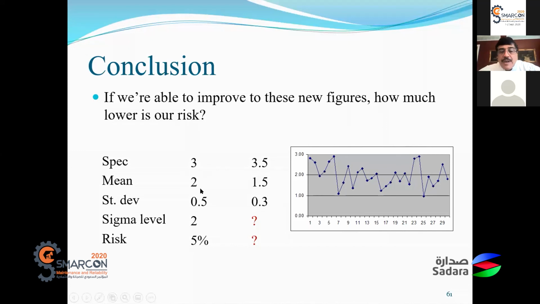And you're able, let's say, to reduce your mean from 2 weeks after start to 1.5. And you're able to compact your standard deviation or your scatter from 0.5 to 0.3, which is all easy to do if you actually put your head to it.